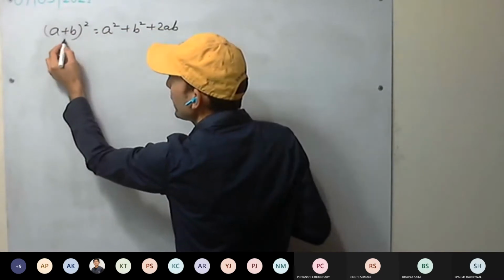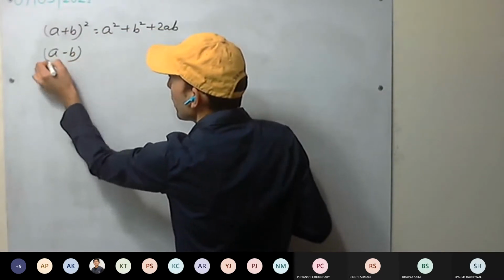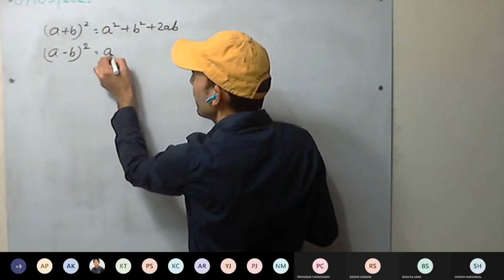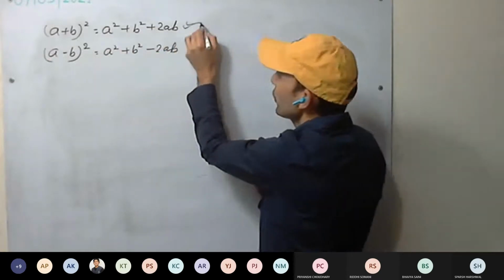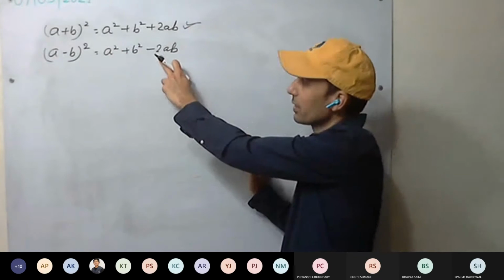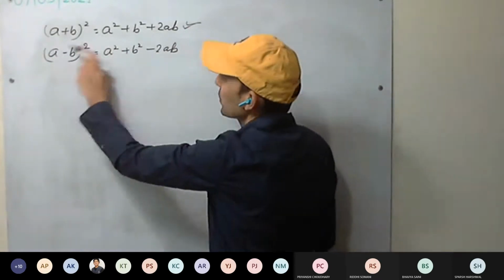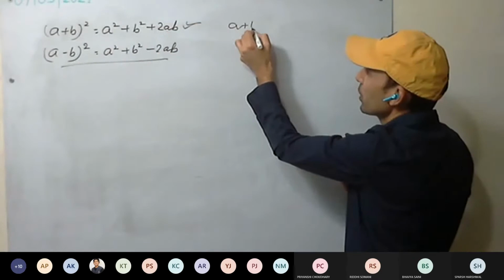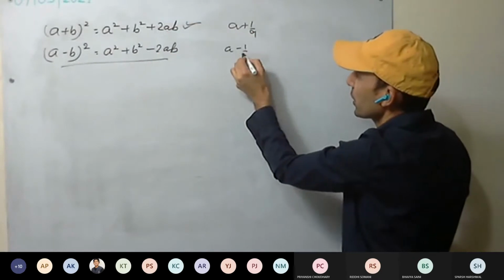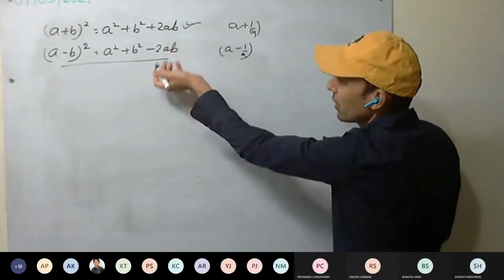If it is minus sign, if you remember this, you can derive this one. Then a + 1/a and a − 1/a, those all we can derive from them.